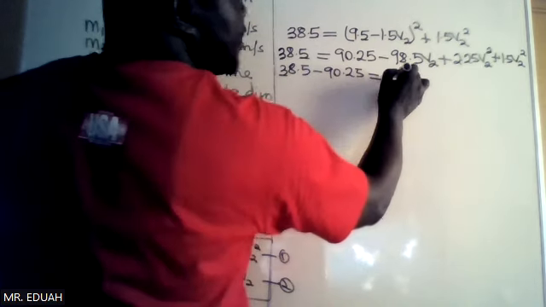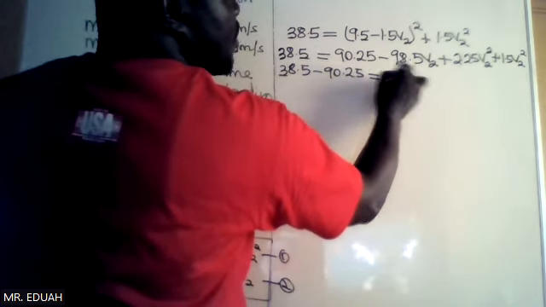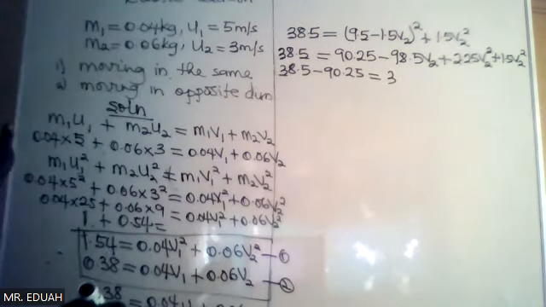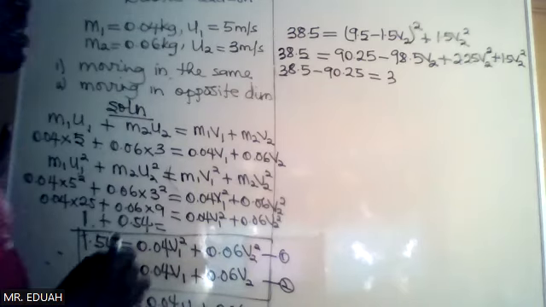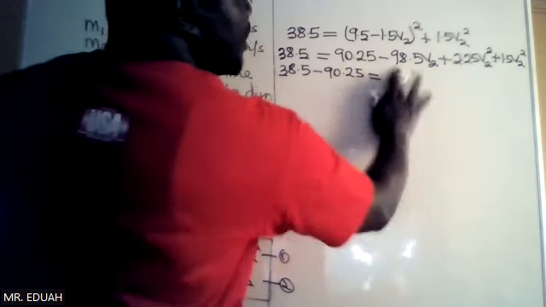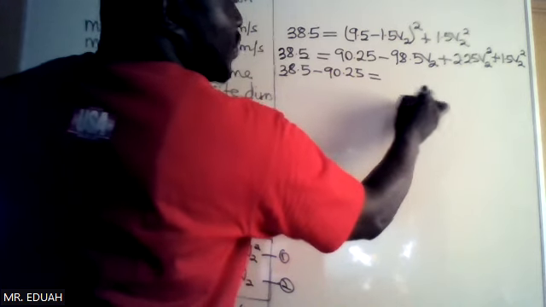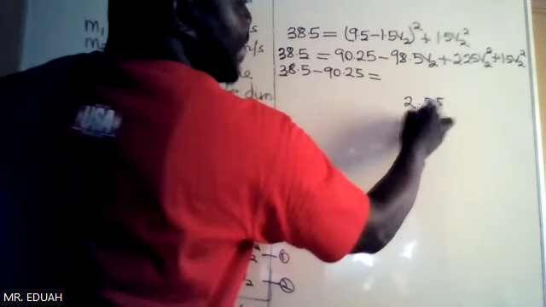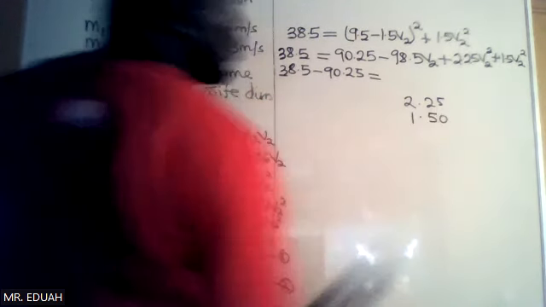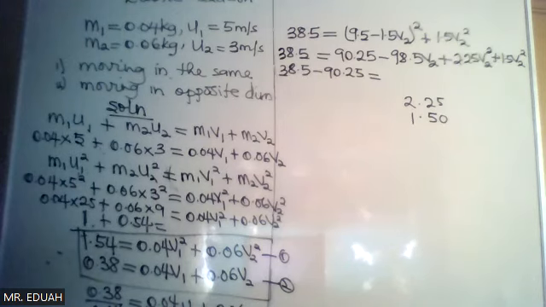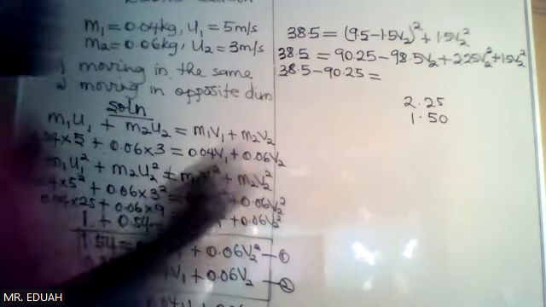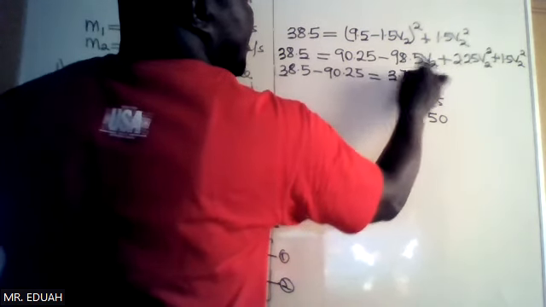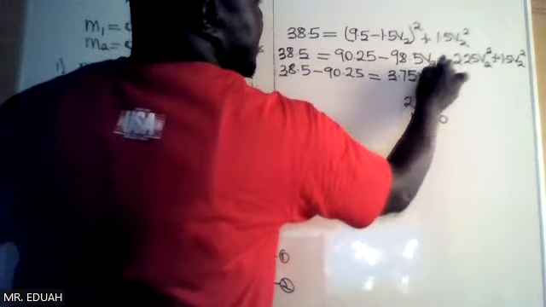Open your eyes. 2.25 plus 1.50 is 3.75. So you have 3.75 V2 squared.